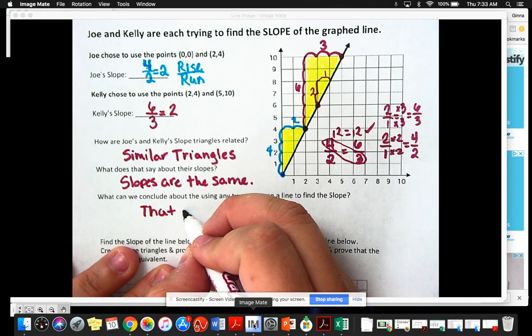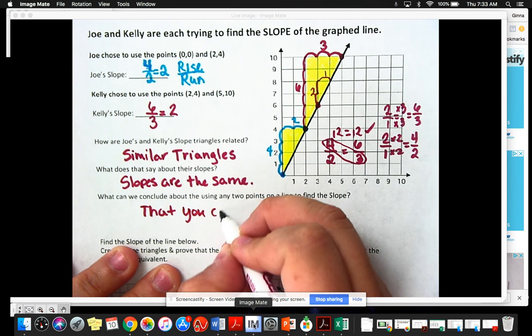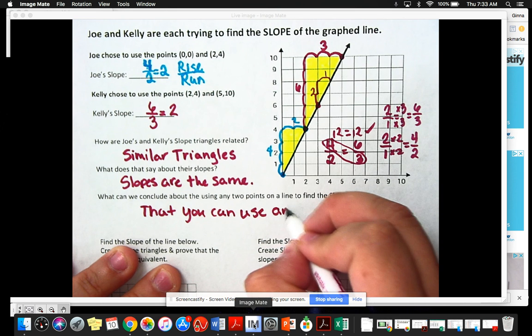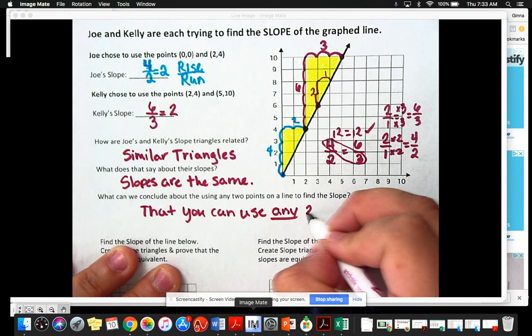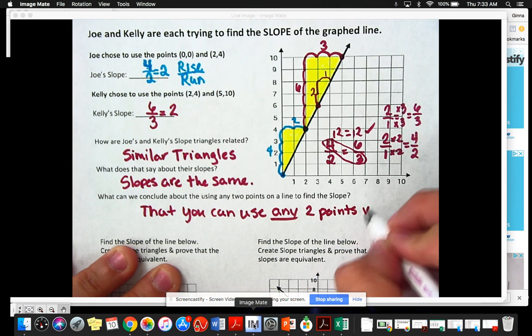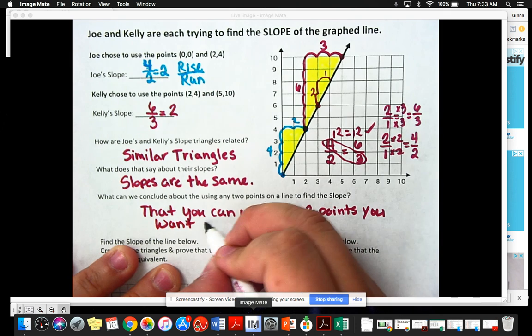Any 2 points that you got to put in a complete sentence, that you can use any 2 points you want, and your slopes will be the same.